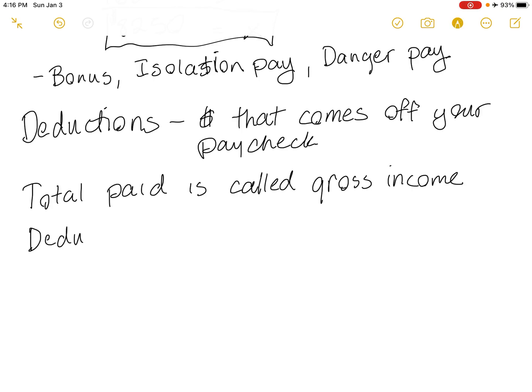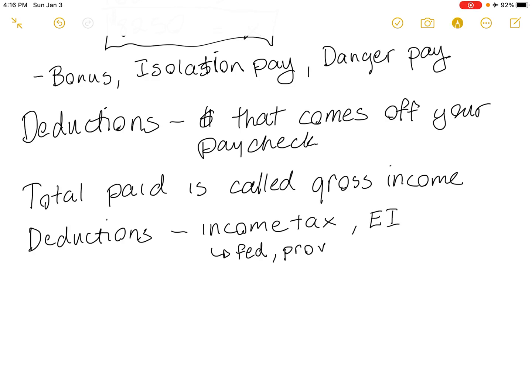Okay, and then deductions, the three that everybody has to pay are income tax, right? And this is both federal and provincial. So federal goes to the government of Canada and provincial, in our case, goes to the Alberta government.